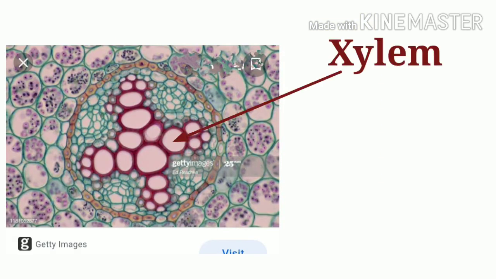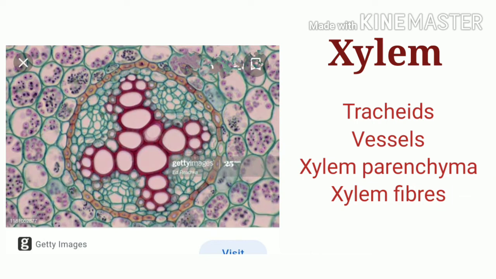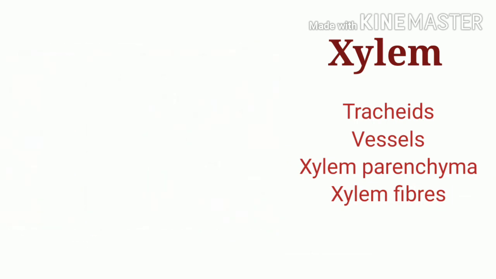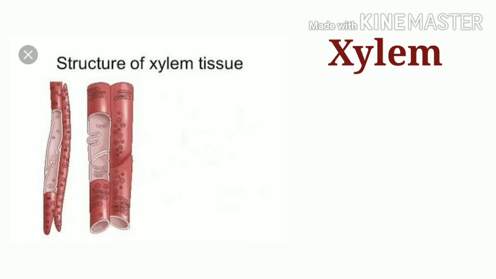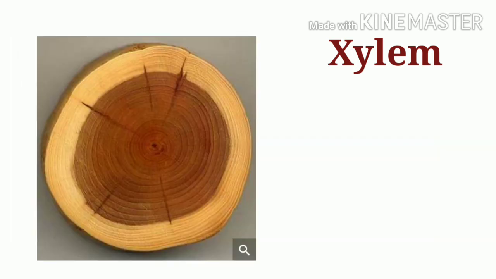In xylem, transport of substances is unidirectional and it is made up of cells like vessels, tracheids, xylem parenchyma and xylem fibers. They help in giving mechanical support to the plant and also help in conduction. The older xylem does not participate in the transport of water and forms the wood of commercial importance.